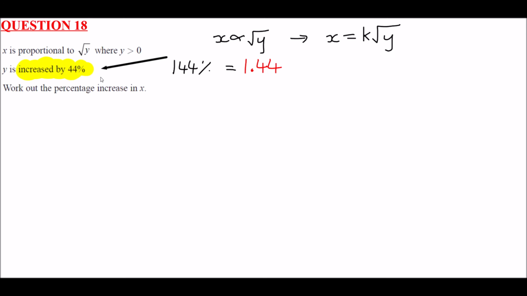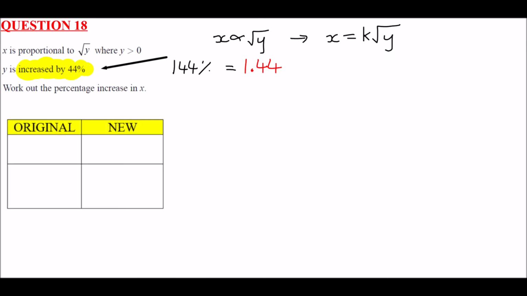Now what we can think of is the original values of x and y compared to the new values. So let's think of the initial value of y. So originally y was just simply y. The new value of y, because it's been multiplied by 1.44, is just 1.44 times the old value of y.